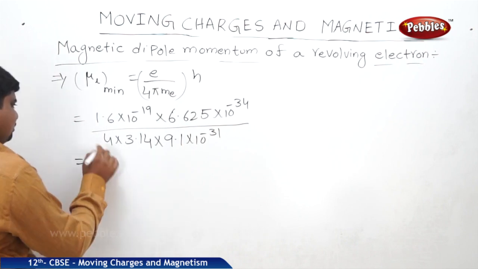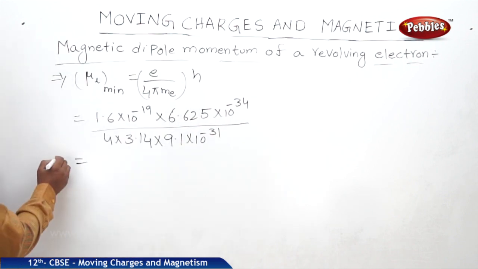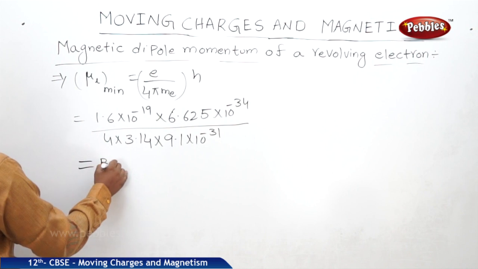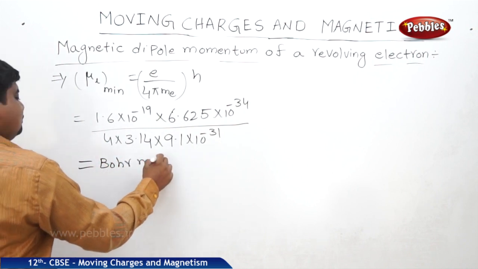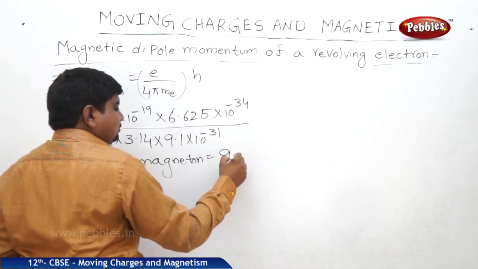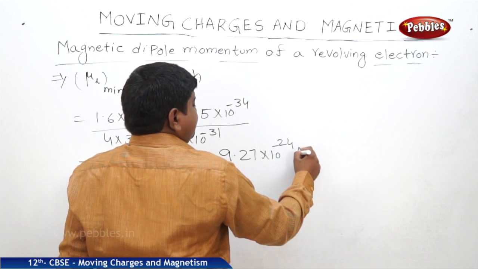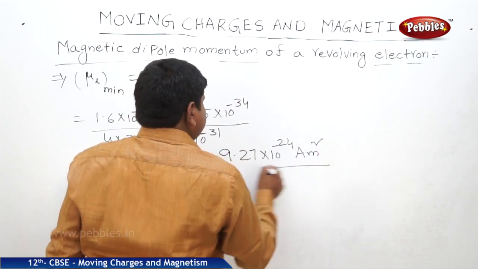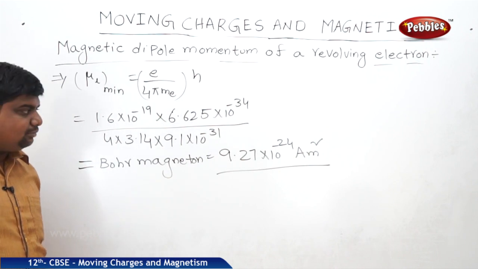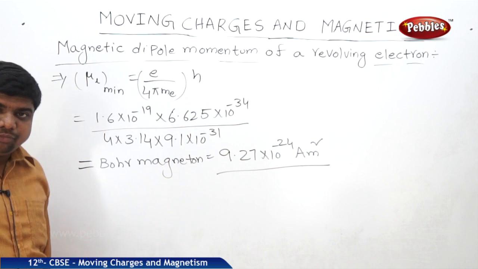After substituting all the values, we finally get the Bohr magneton value equal to 9.27 into 10 to the power of minus 24 ampere meter square. That is called the Bohr magneton.